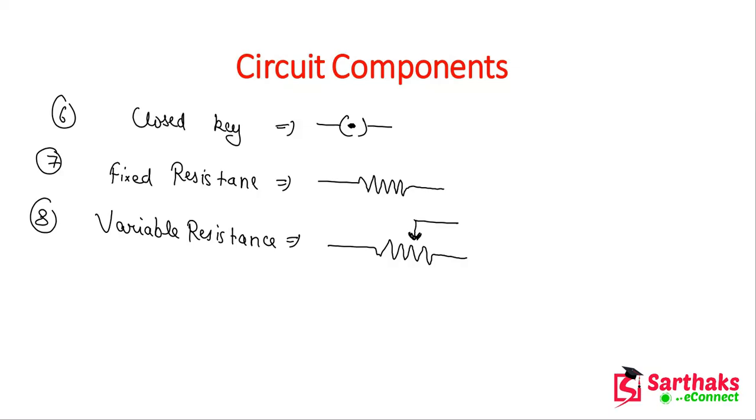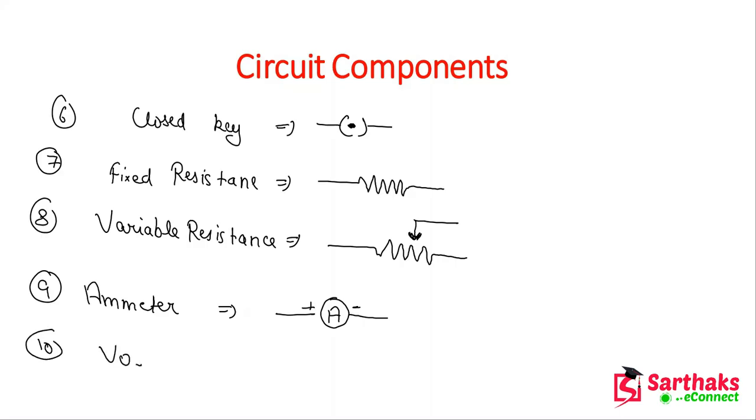Now the next is the ammeter, and it is denoted by A written here, and positive and negative signs are made here. And the last one is the voltmeter, and it is denoted by V made here, and the signs are positive and negative.